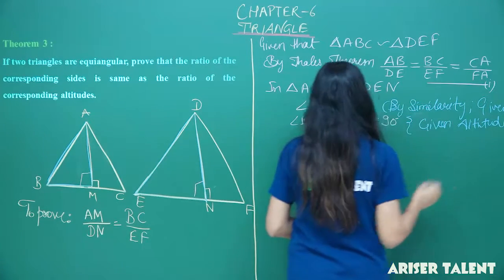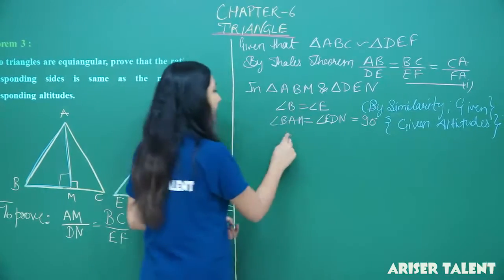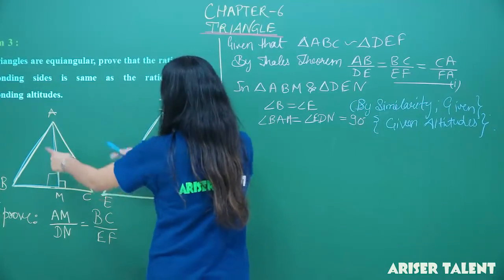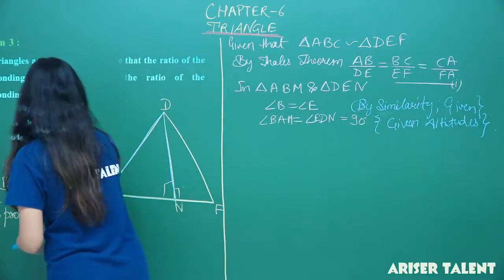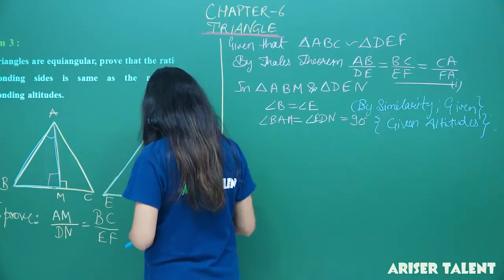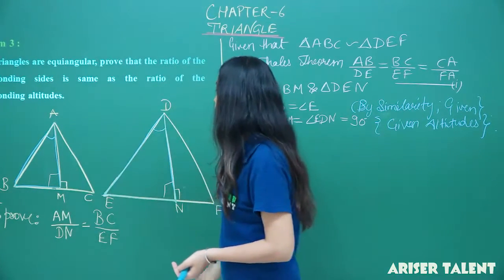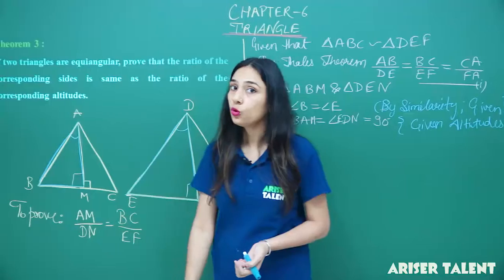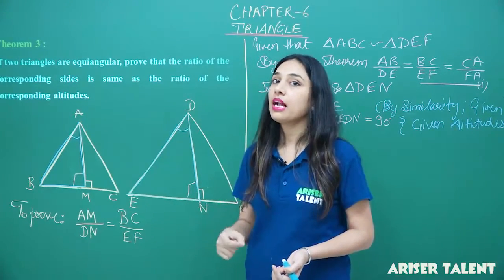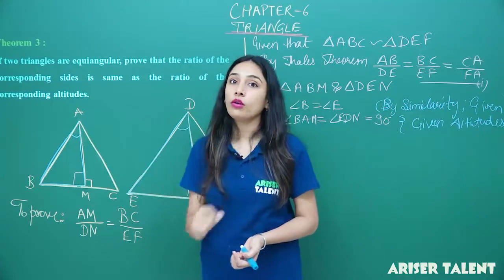Right. Now we are having angle B and angle E equal, and this angle is equal to this. So, by angle similarity, I have told you, these two triangles are similar.